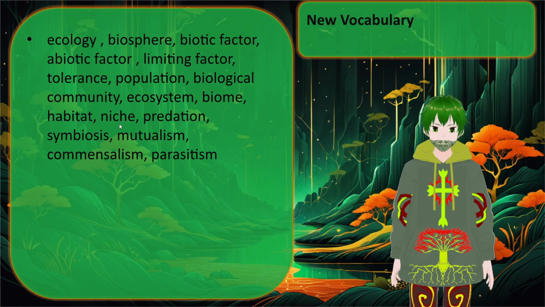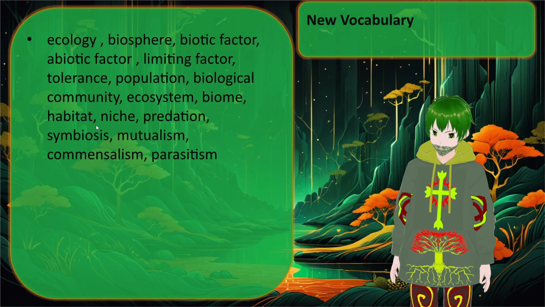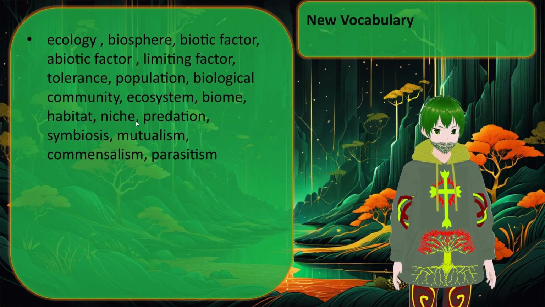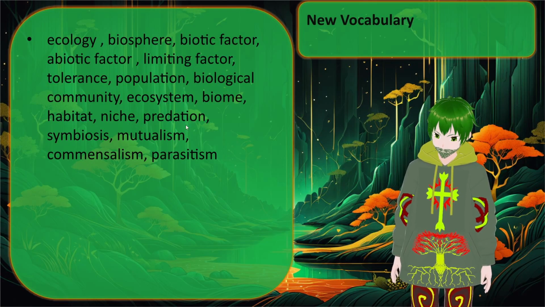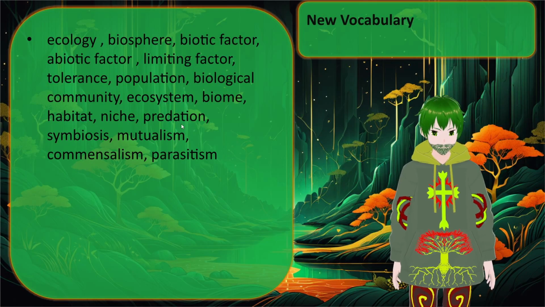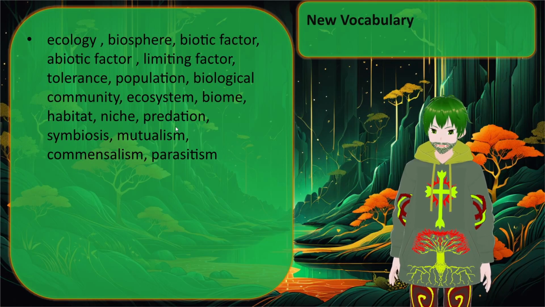habitat, niche or niche. I know I pronounce it with a T, there's no actual T, but some people say it as niche, but it's really niche. It's not an English word. Predation or predation. I pronounce it with an extra D. That's not really there, but it's actually predation.